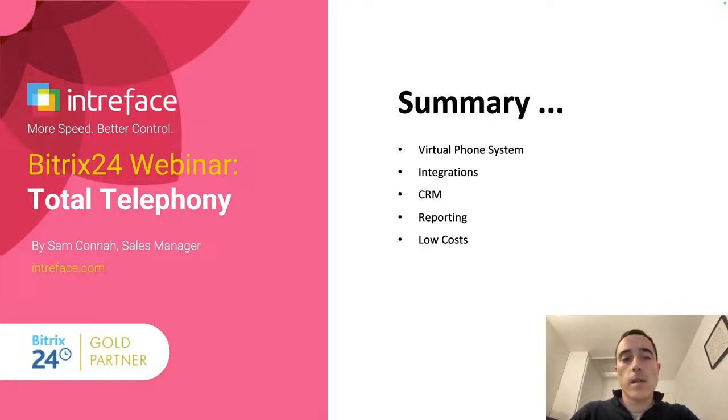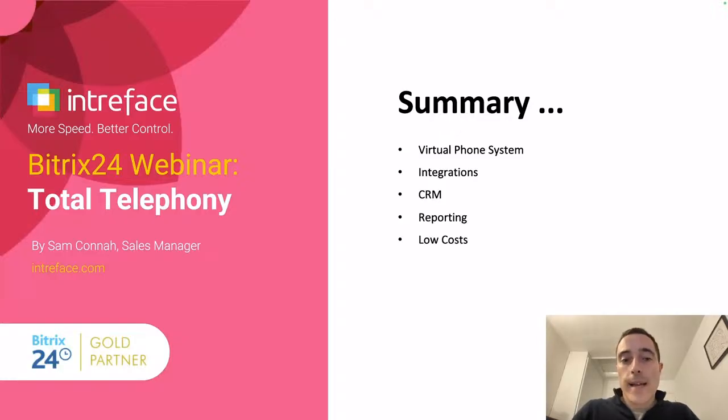Okay, so that is a look at reporting, and that brings us to an end of today's Bitrix24 Total Telephony webinar. We've seen how we can create a virtual phone system inside Bitrix and how we have quite a few different options for integrating existing phone providers into the system.